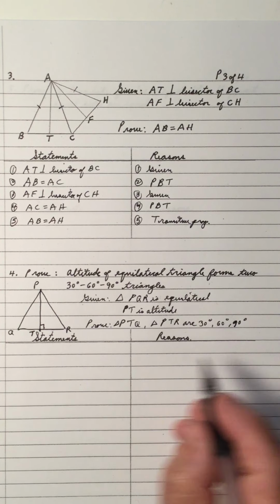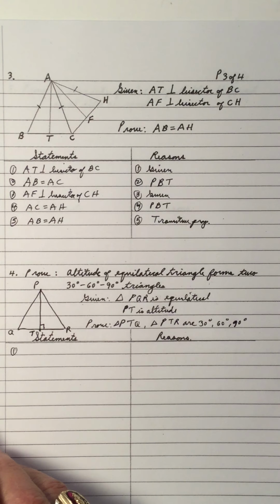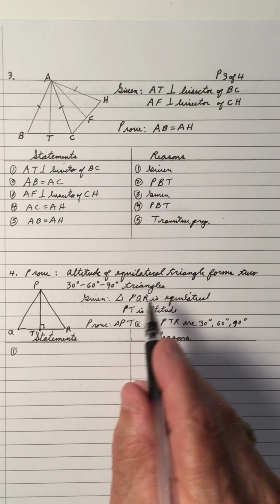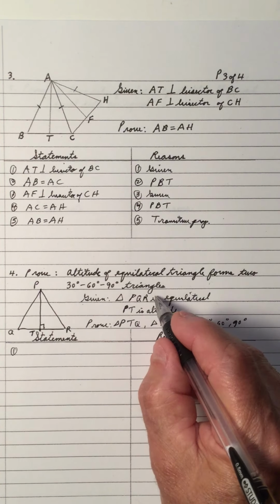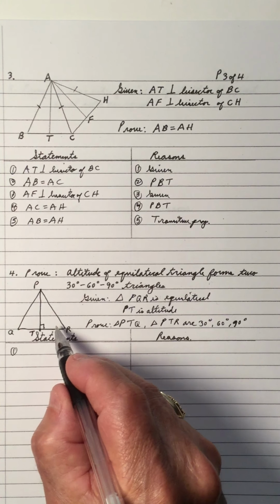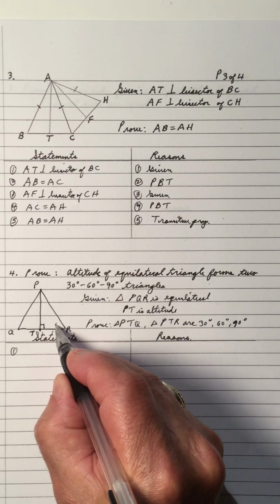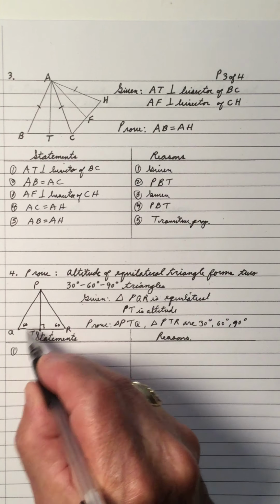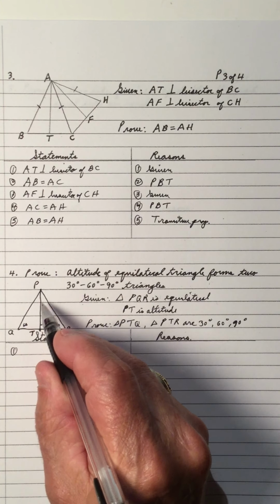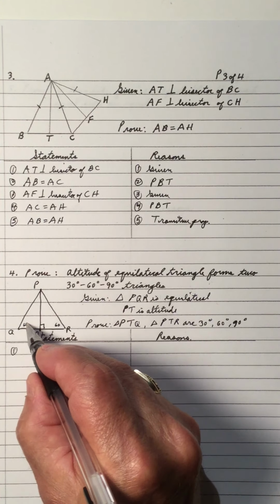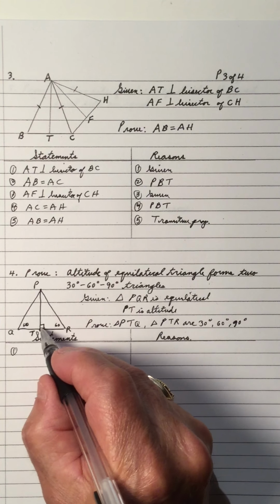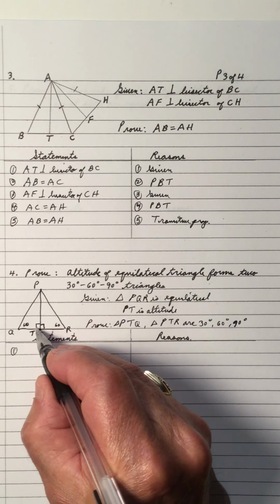So here we go. We've got a given. How do we do it? Well, let's look at the proof before we start to write it up. We've got an equilateral triangle, so that means we have 60-degree angles in the equilateral triangle. So this angle up here is 60, and these are 60s, and we have an altitude, so that makes it a 90 there and there.